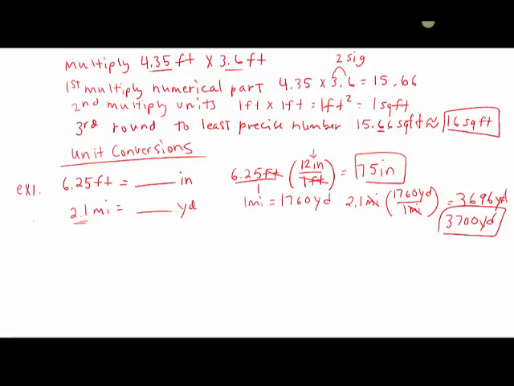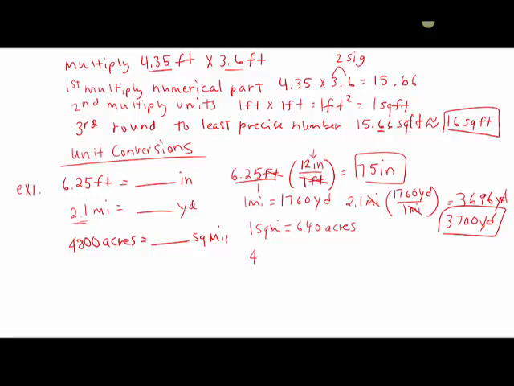Let's do another example. What if we had 4,800 acres and we want to find square miles? Again, you would have to know that in 1 square mile, there's 640 acres. And I'll give you these, I'll give you like a big sheet of conversions for the exam, okay?